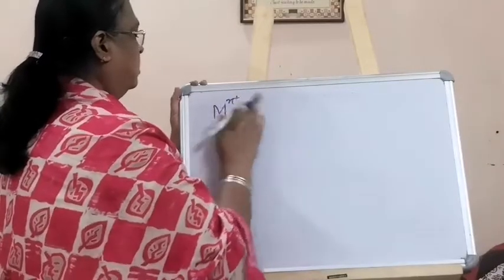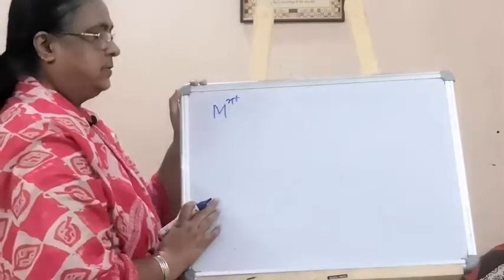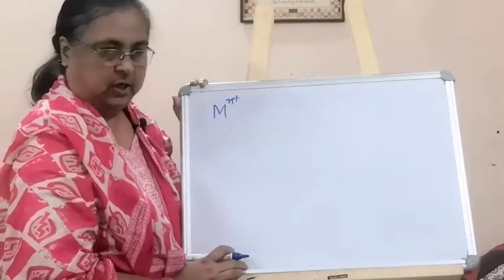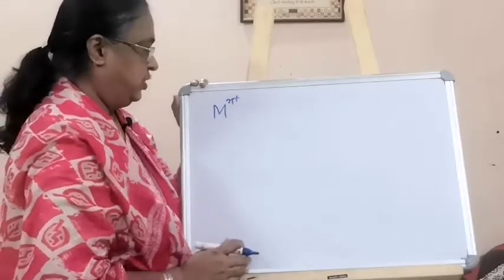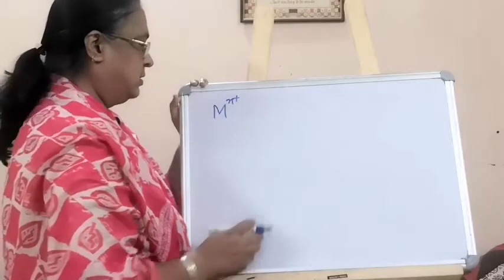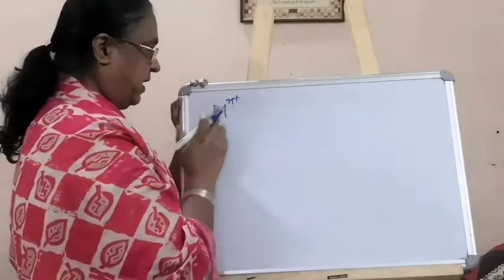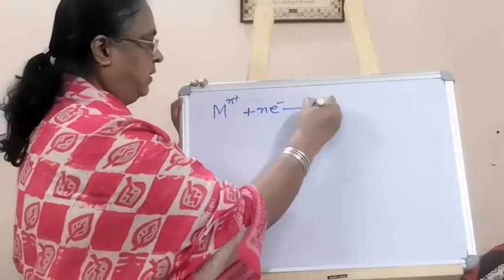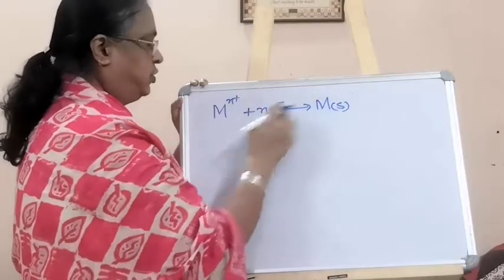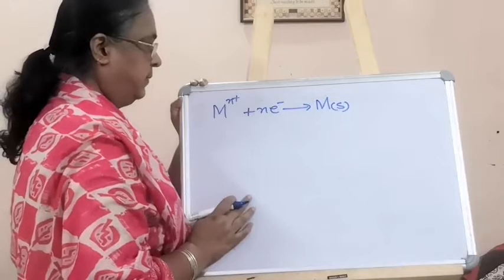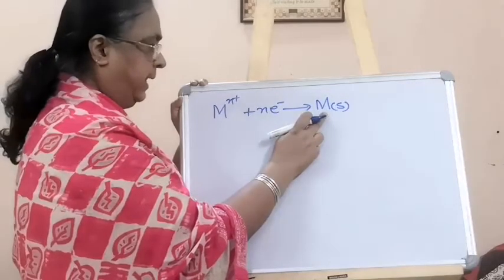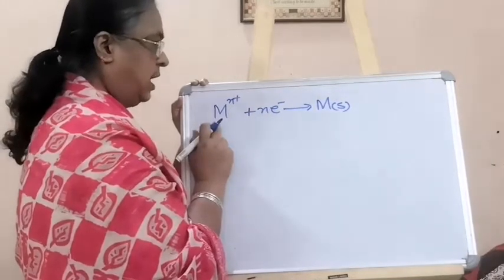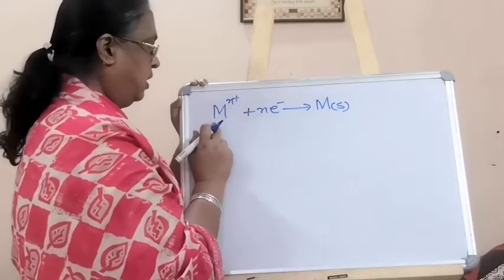As you know, electrode potential is always found as reduction potential, as I mentioned in the previous class. So if a metal having valency n gains n electrons, it is reduced to this state. This substance is obtained on reduction and this substance is undergoing the reduction.